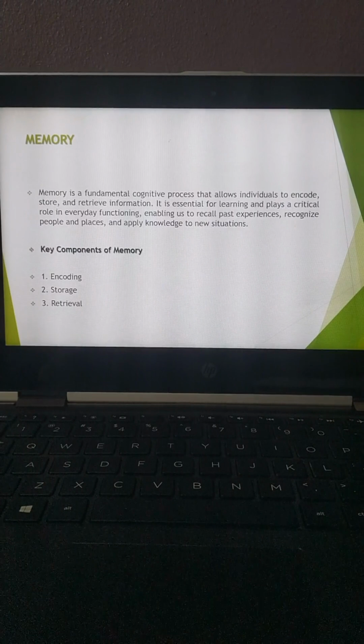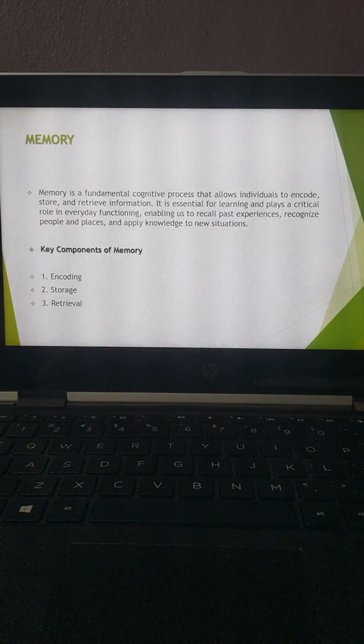The memory is a cognitive process that helps us to encode, store, and retrieve information when needed. It is very important when it comes to learning, and it plays a crucial role in our everyday activities.